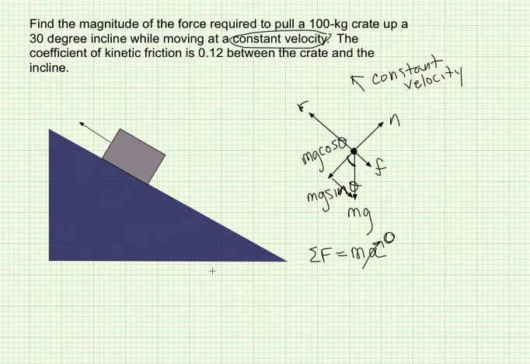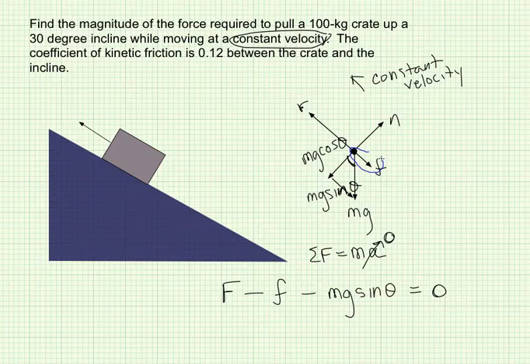So I'm going to make the applied force positive. So I have the applied force going up the incline. Friction is opposing it, so I'm going to make that minus friction, minus mg sine of theta. And I know that those forces all sum up to equal 0.